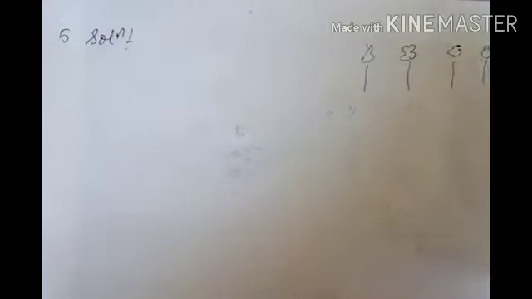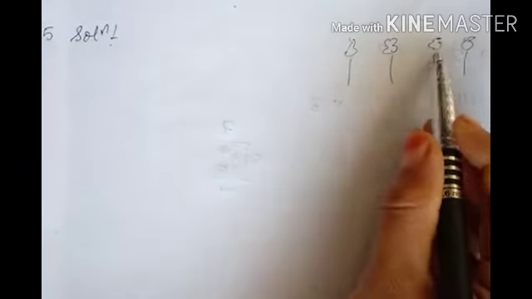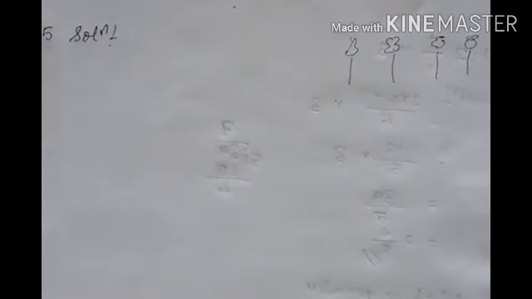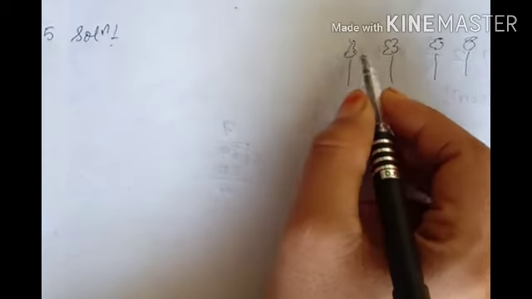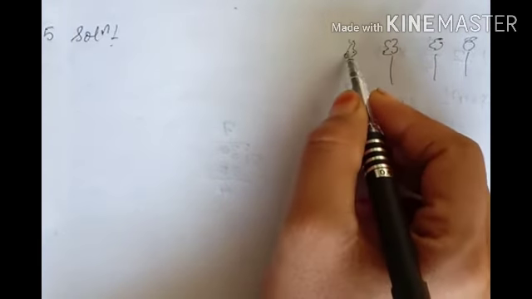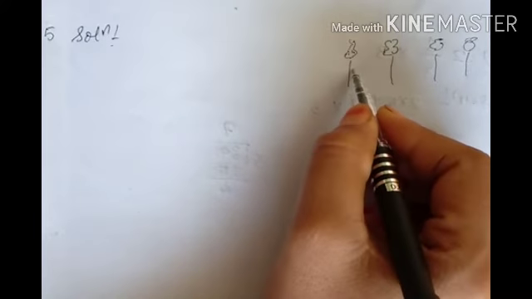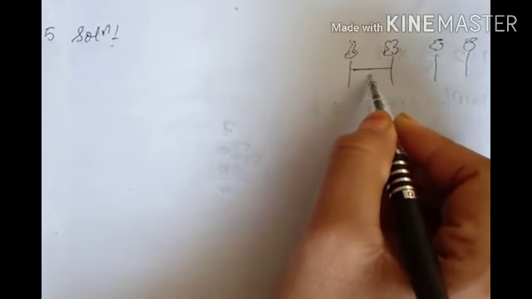How many rows? 4 rows. And two adjacent means the nearby ones. This is adjacent to this and this is adjacent to this. So their distance is given as 3 upon 4.